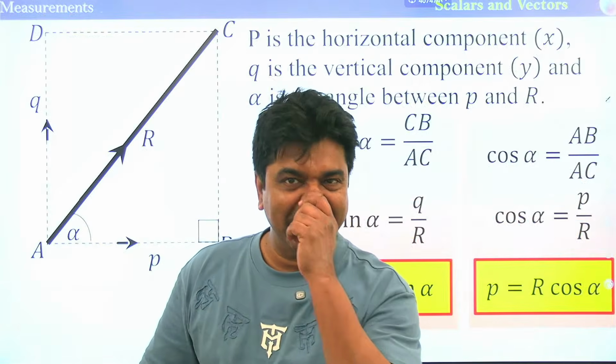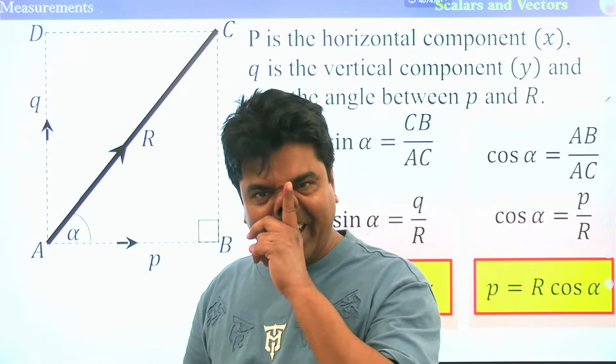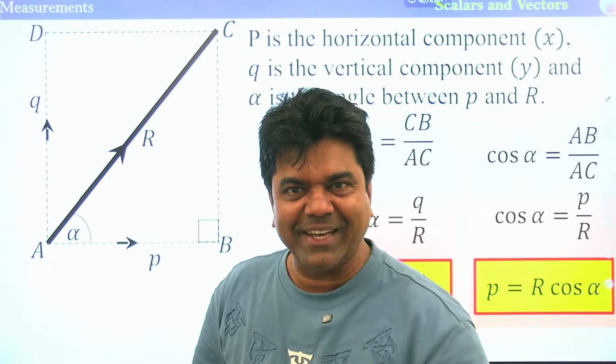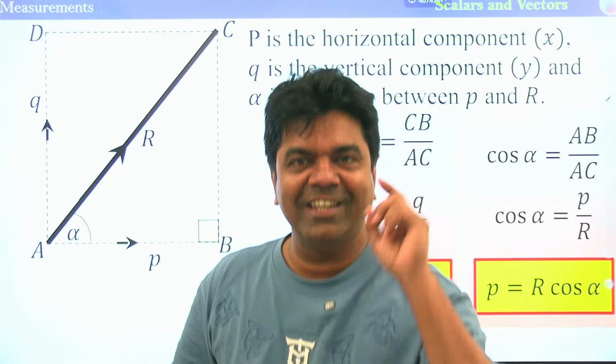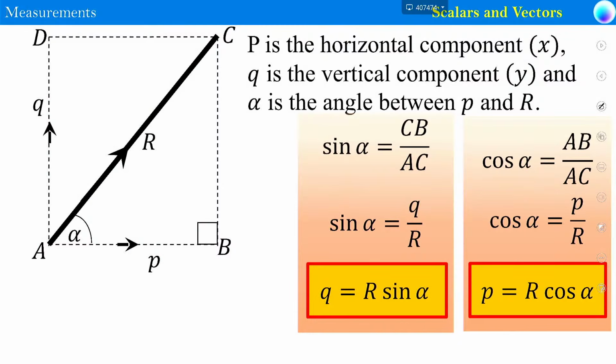And now tell me how many vectors we see on the diagram. One vector, two vectors, or three vectors?